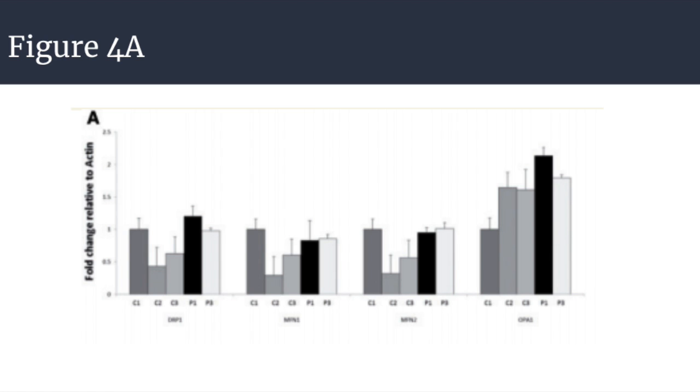In the image of 4A shown here, they show the qPCR of each of the 4 prominent proteins, DRP1, MFN1, MFN2, and OPA1. And in each graph, we see the 3 controls, C1, C2, C3, and patients 1 and 3, known as P1 and P3.